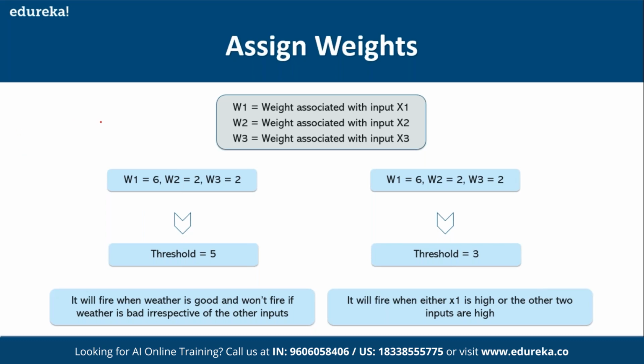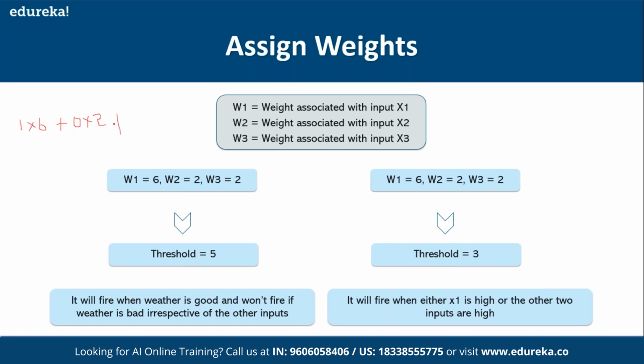Now we have our x1. Assume the weather is good: 1 into 6, because our weight for this input is 6. Weather is good, therefore 1. Then assume the spouse is not accompanying you, which means 0 into 2.